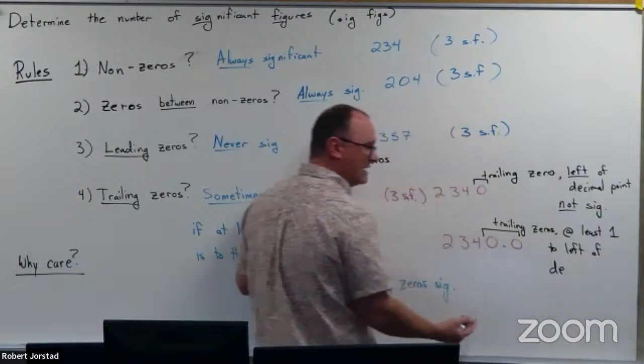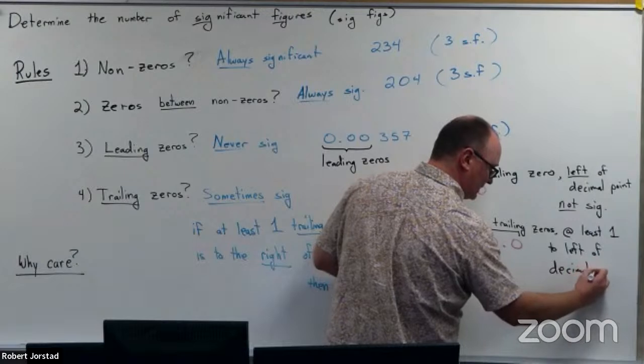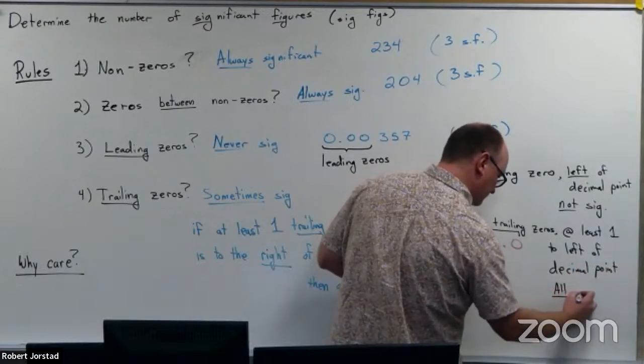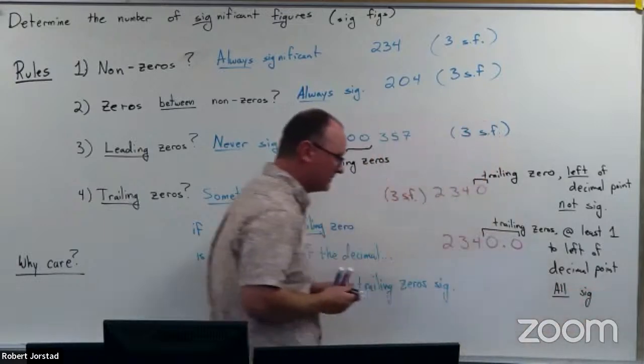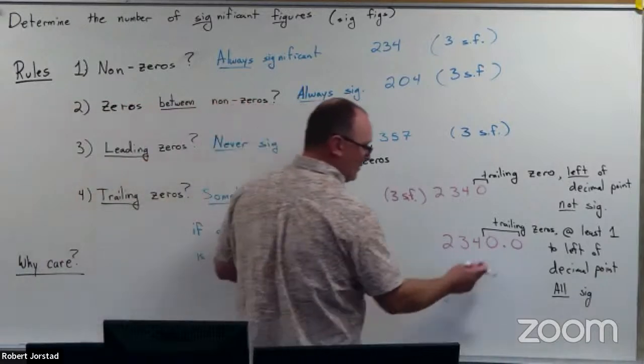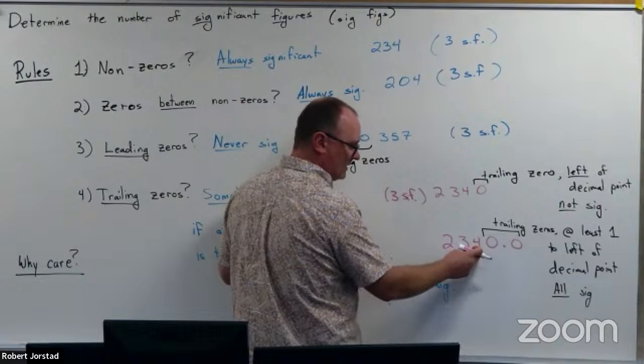At least one, not both of them, but at least one is to the right of the decimal point. They're all significant. So notice in this case, these are both significant. These are non-zero, so significant. 1, 2, 3, 4, 5.